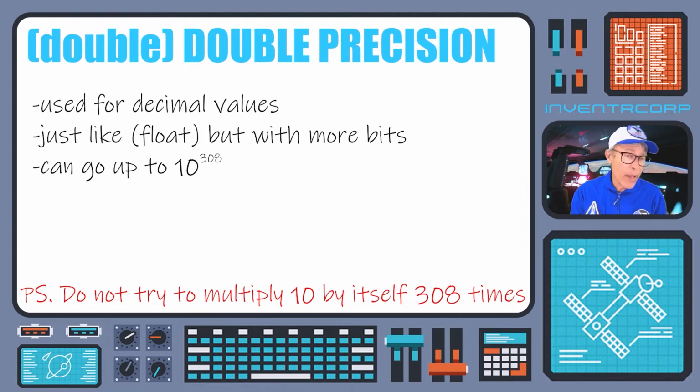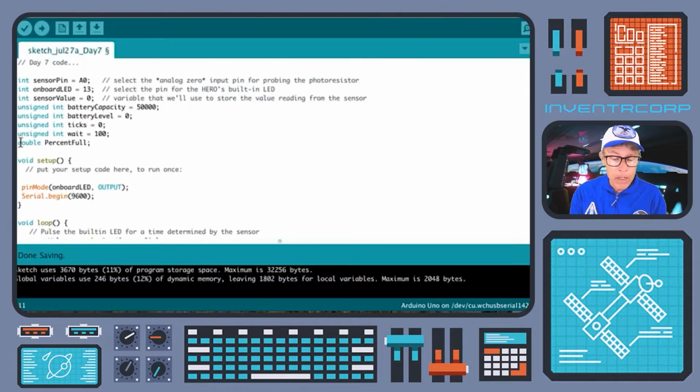So we're going to go ahead and use double precision for our non-integer number here. In this case, we're going to use the double precision variable %full to calculate how close our battery is to full. So if it says 54.3%, that will tell us how close we are to having a full charge on our batteries.